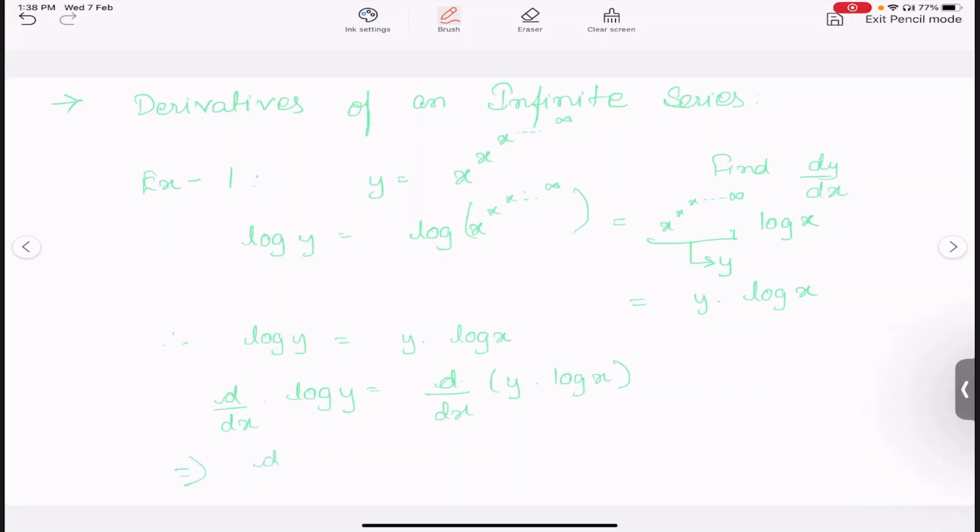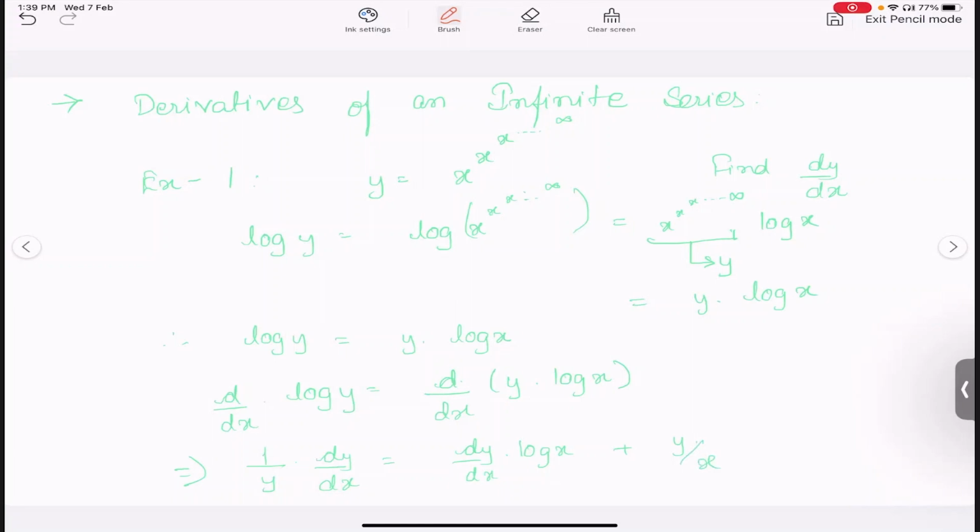We will differentiate log of y with respect to y times dy by dx. So that will be 1 by y times dy by dx is equal to dy by dx times log of x plus y times derivative of log of x with respect to x, and this will become 1 by x. So this is what we have.